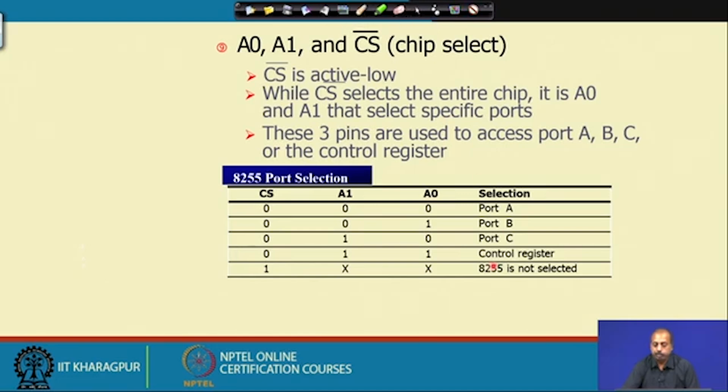The control register is required for configuring the 8255 chip in different modes, and the port registers A, B and C are for putting values onto the ports, or if you want to read the content from the port onto the processor. Depending upon your address setting, the individual port will get selected.